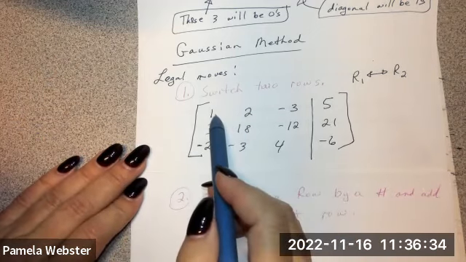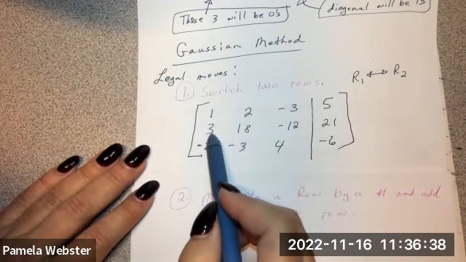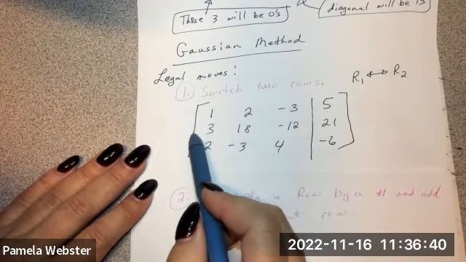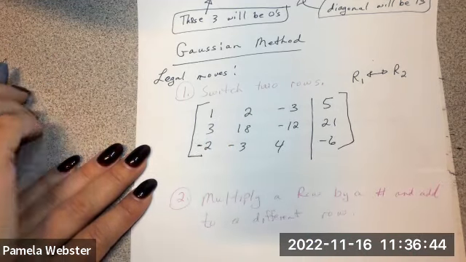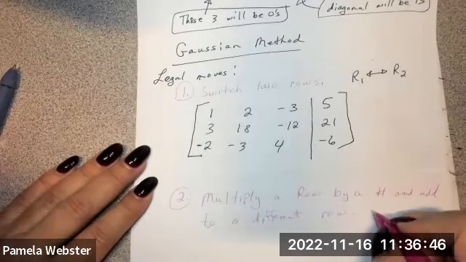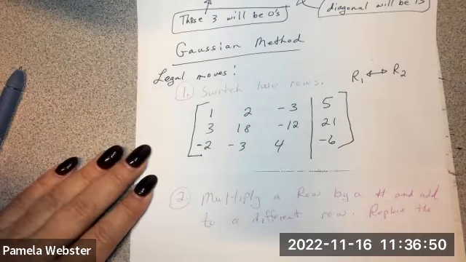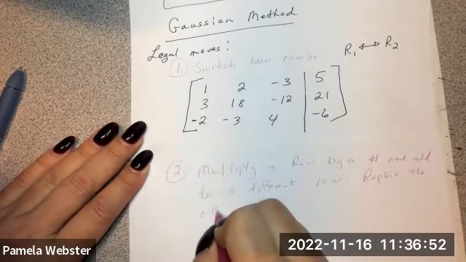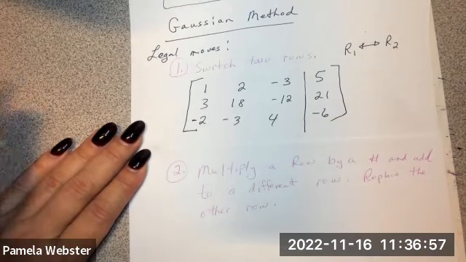I can multiply 1 by any number, and if I pick it right, I can add it to the second row, and I can get rid of that 3. So add it to a different row and replace the other row. When I'm done, I will have eliminated one of my variables if I've done it right.